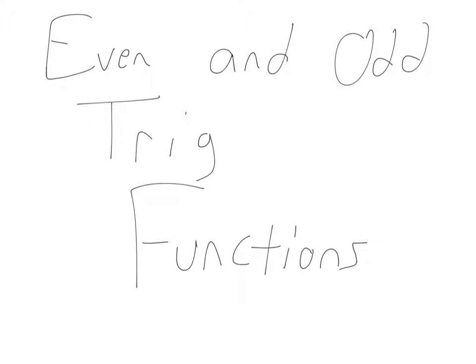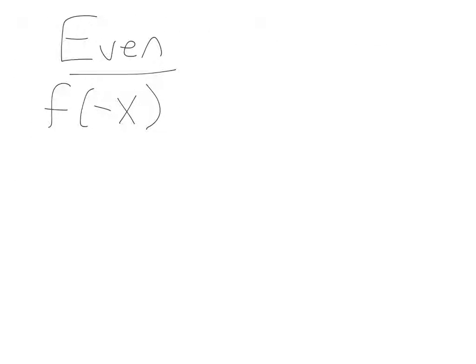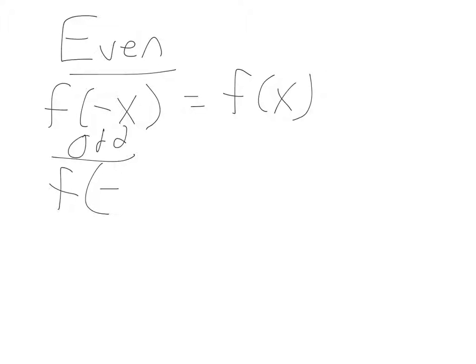Alright, now we're going to go over the even and odd trig functions. To remind you, in general about even and odd functions, a function is even if you plug in negative x and you get the same function out. Likewise, a function is odd if you plug in negative x and you get the opposite thing out.